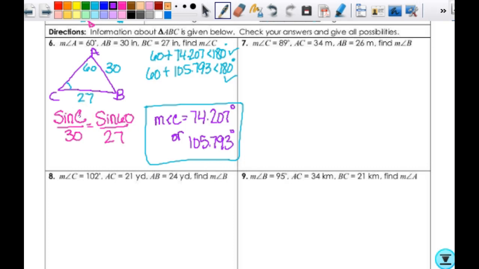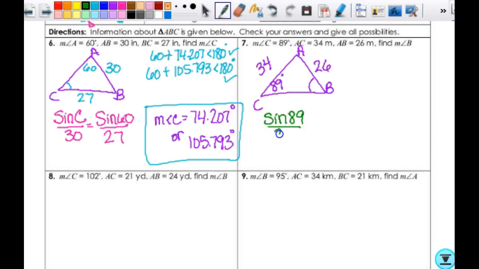All right, so over here, triangle ABC. C is 89 degrees. AC is 34. AB is 26. And I want to find the measure of angle B. So I set this up, and I can say I have the sine of 89 over 26 equals the sine of B over 34.